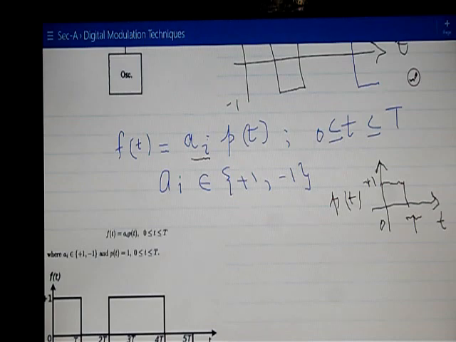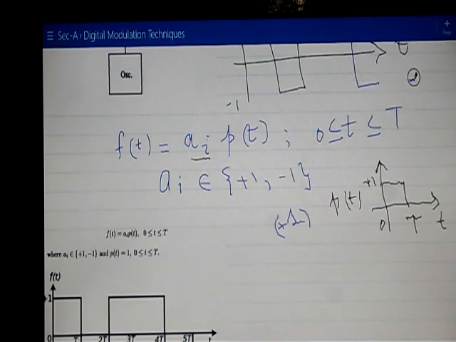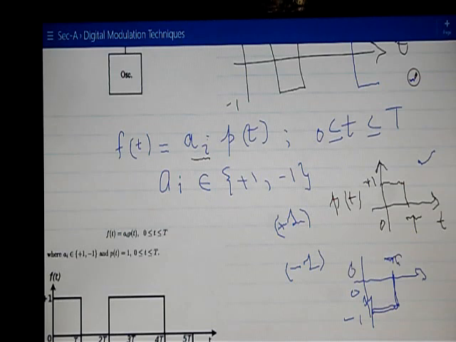When you multiply this pulse with a plus 1, you get the same thing. When you multiply it with a minus 1, because a i can be plus 1 or minus 1 depending upon the 0, you get the negative of this one, which is minus 1 up to T. So this is your minus p of t.